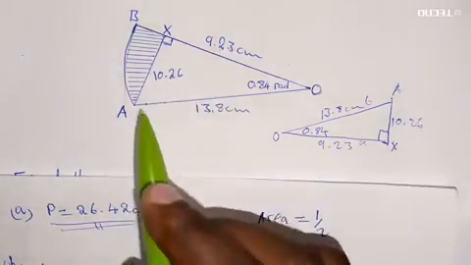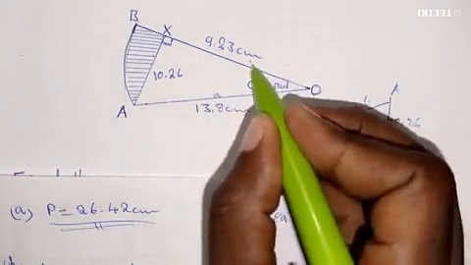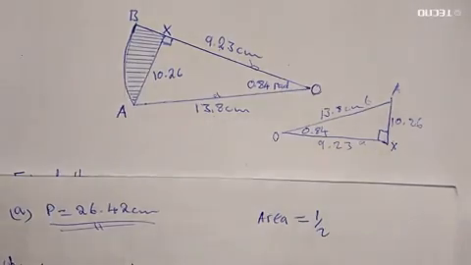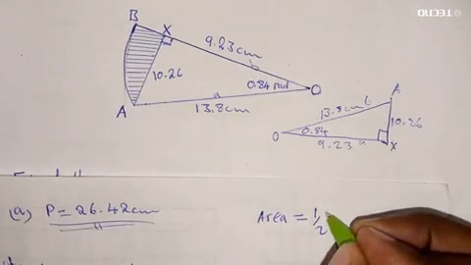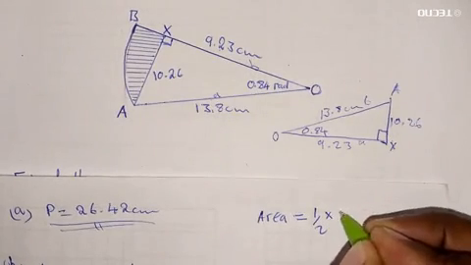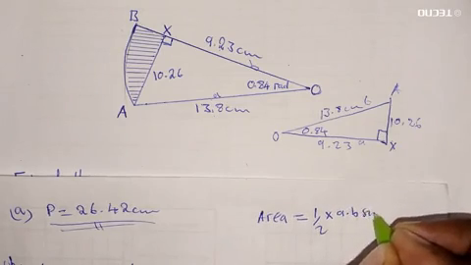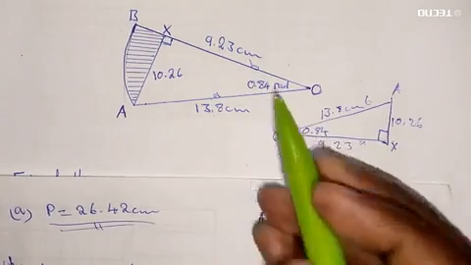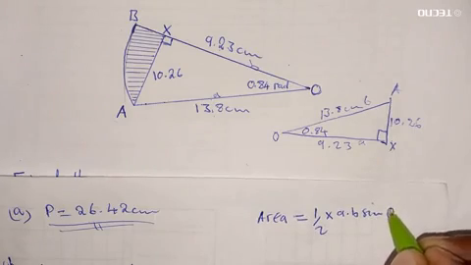So we can say there is A and B, so times A times B, times sine of this angle, which is theta.